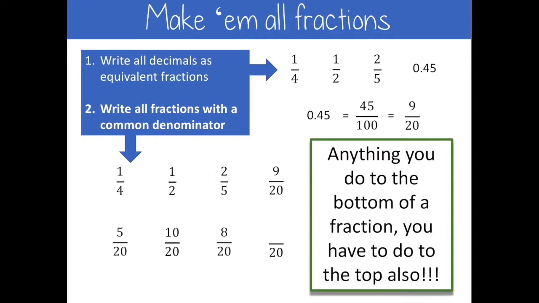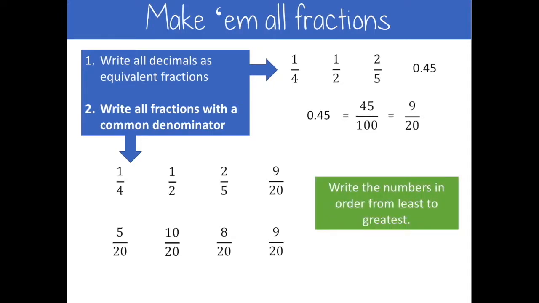Last one, we've got 20 to 20. Oh, well, that's already done. So the last fraction just stays the same. Now, if we have to compare or order these, it's simple. We just need to look at the numerators and put them in order. Voila, there we go. And we'll stop there for today.